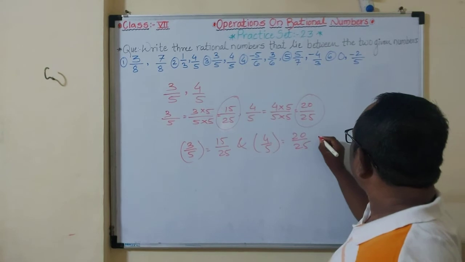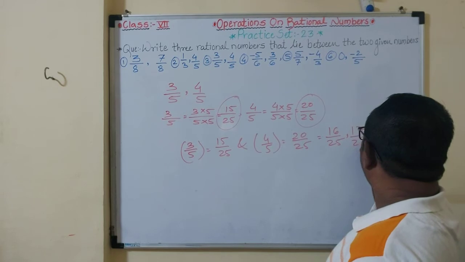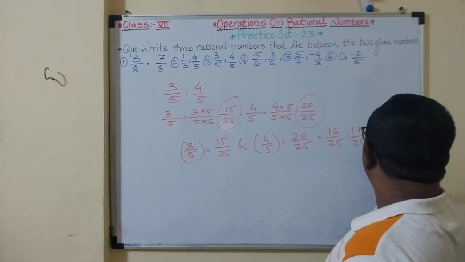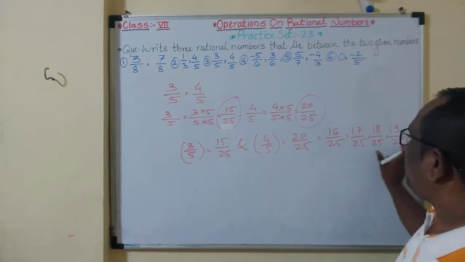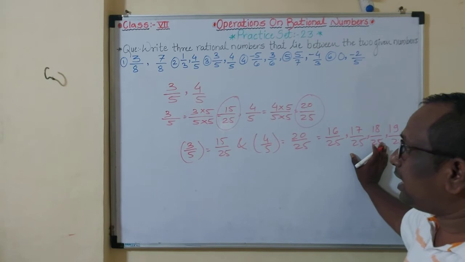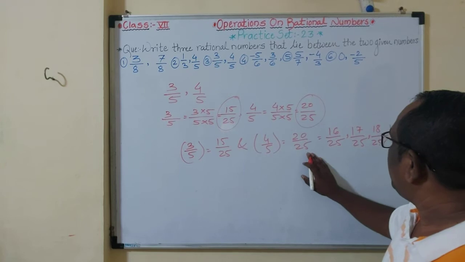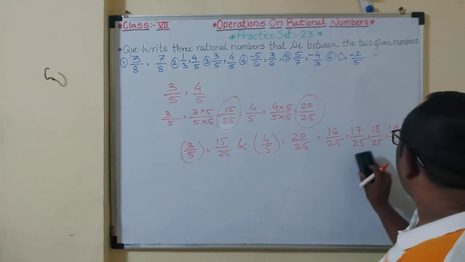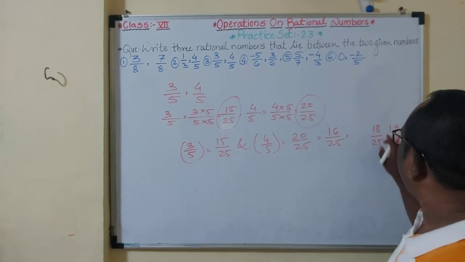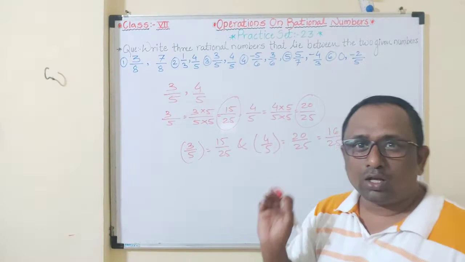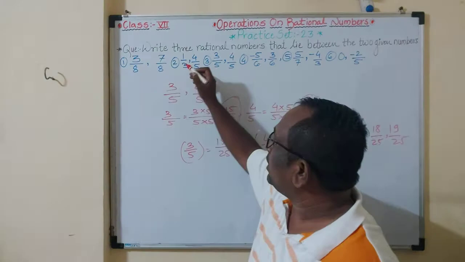So after 15, you have to write 16 upon 25, 17 upon 25, 18 upon 25, 19 upon 25 and then 20 upon 25. So we got here 4 rational numbers that lie between 3 upon 5 or 15 upon 25 and 4 upon 5 or 20 upon 25. So you can choose any. Okay, I will rub this. Then these 3 numbers, 16 upon 25, 18 upon 25 and 19 upon 25 you got. That's why I chose a different kind of example, students. First one is different, second and third one is different.